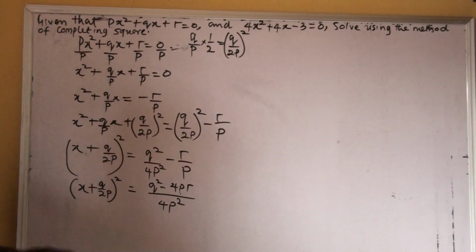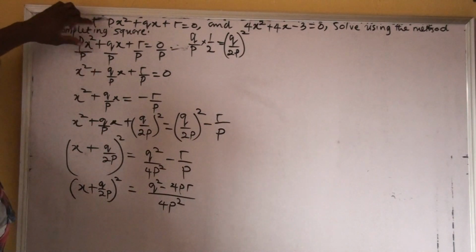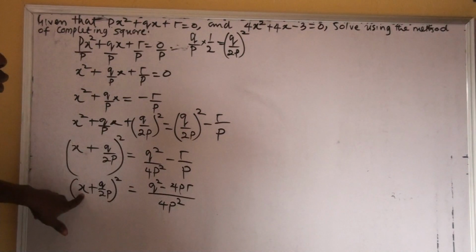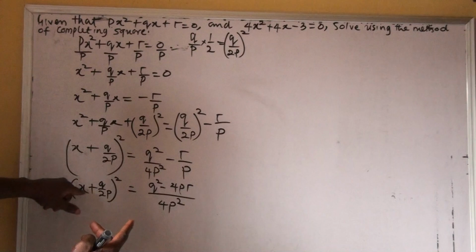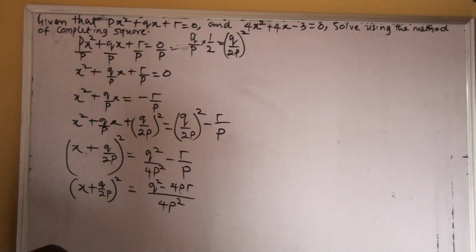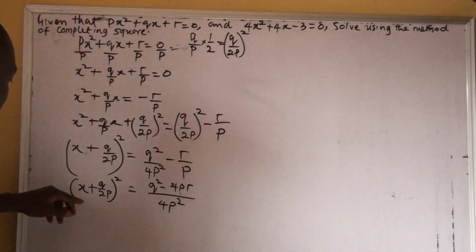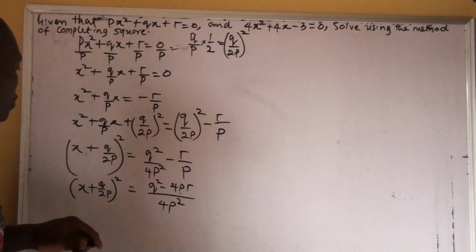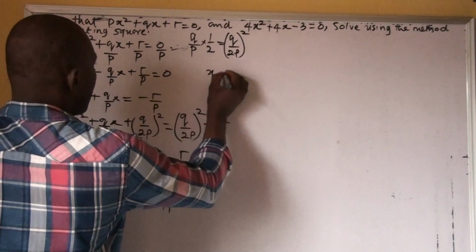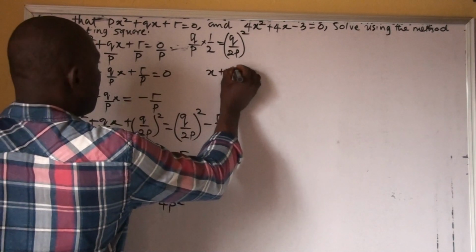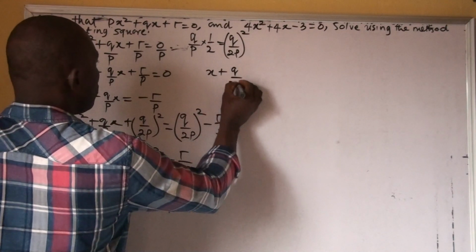The essence is that in the quadratic equation, what we are looking for are two values of x. So what we are looking for here is just x, so we need to remove this square. By saying that, we take the square root of both sides, and if that is done, the left becomes x plus q over 2p.